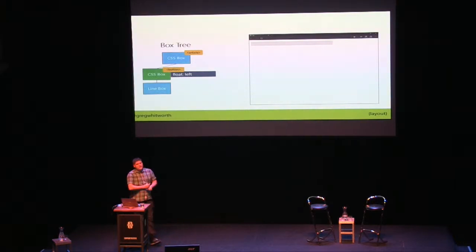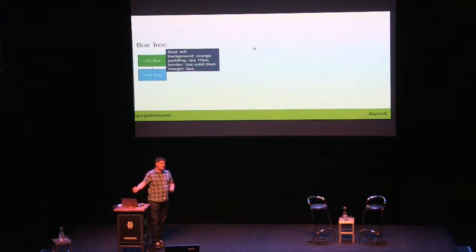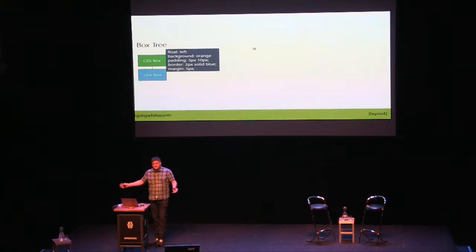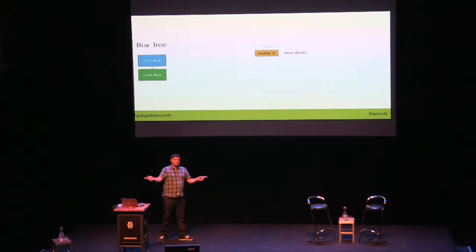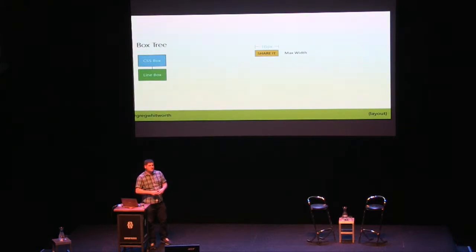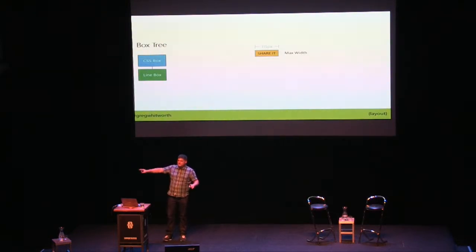So what ends up happening is we break this node off the tree, and we go into a special mode of layout, which is basically infinite space. You have unconstrained space. And so what we do is we take all of the content and we lay it out on an entire line. Even if this was, let's say, that wonderful library that was in Jeremy's talk, every single one of those, we would lay it out on an entire line, which would be insanely massive, and we would measure that.